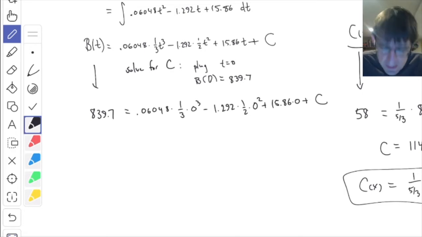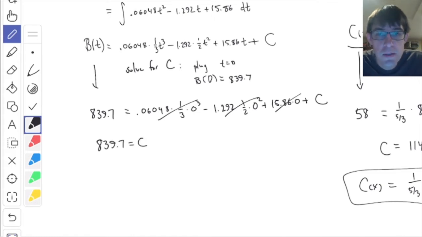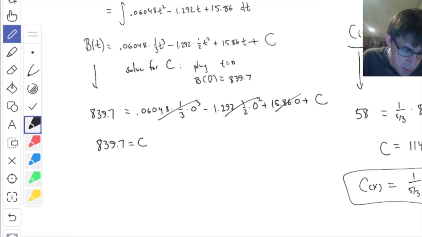And all of these guys are 0, right? All this times 0, times 0, times 0. Those all go away. And I just get 839.7 equals C. So that's what the C is. And I'm ready to write my final answer, the formula for B of T, but using that number in place of C. So I am copying this thing right here, right?